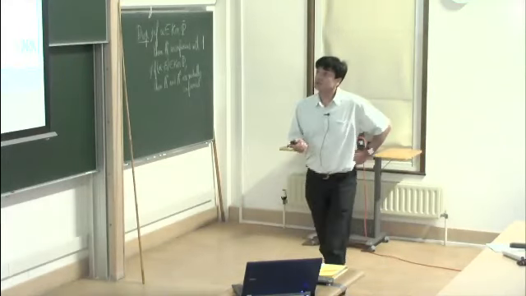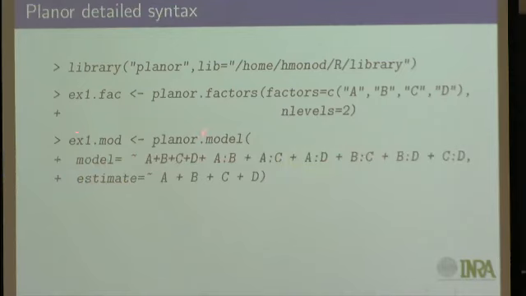Then we give information on the model, which we are going to store into this object x1.mod. The function here is planar.model. And here we use, in fact, the syntax of R for model formulae. So here we have the main effects, A plus B plus C plus D, and all the 2-factor interactions.